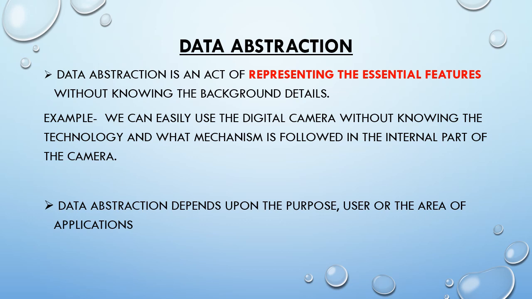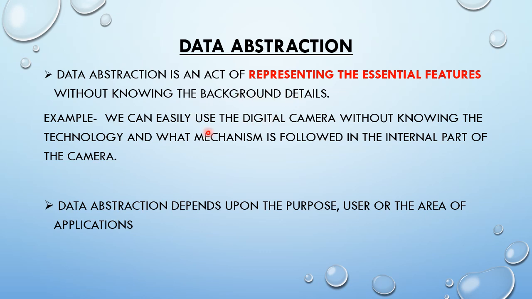Data abstraction is an act of representing the essential features without knowing the background details. It shows us only the essential features without telling us the background details. This is called data abstraction.